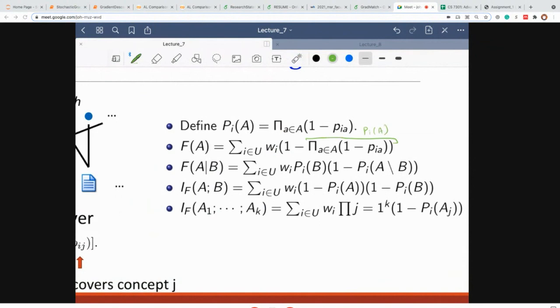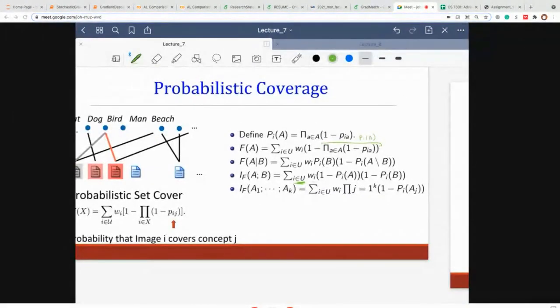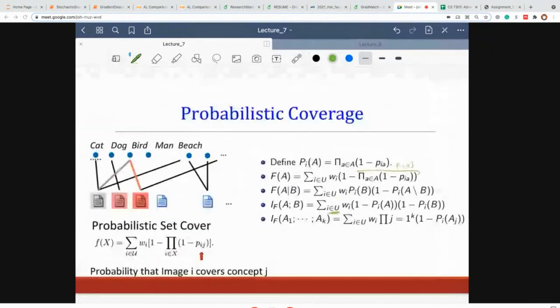And then what I'm doing is that for every i in U, I'm multiplying by w_i times 1 minus p_i of A multiplied by 1 minus p_i of B. So this is just a probabilistic interpretation of this same thing. But I think this probabilistic concept space also captures this nice joint information between two sets A and B.